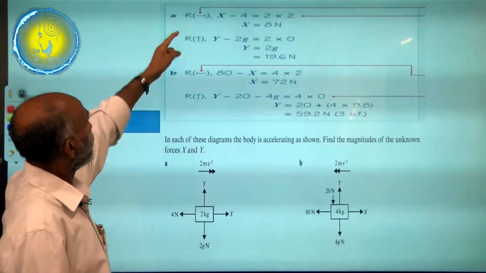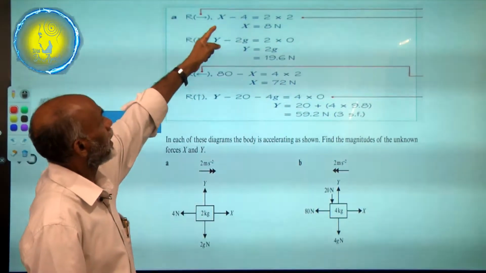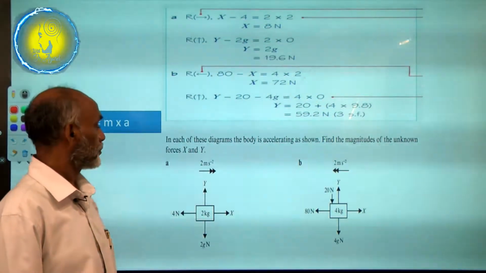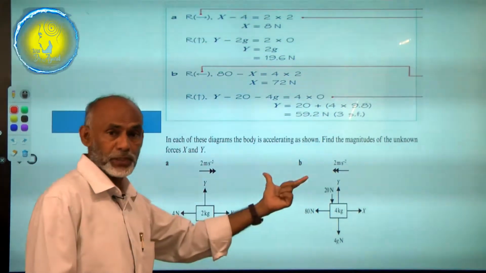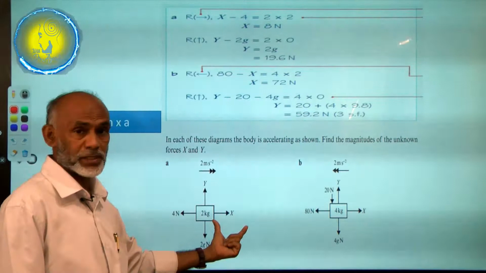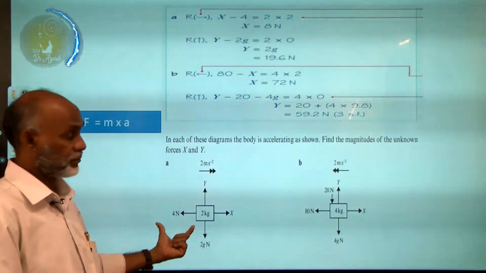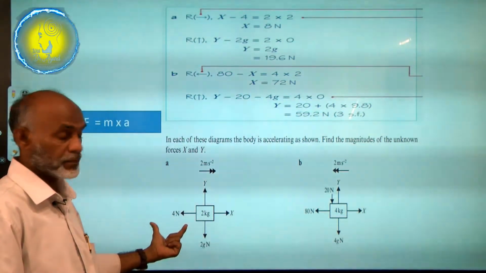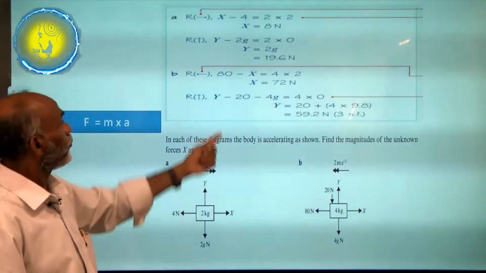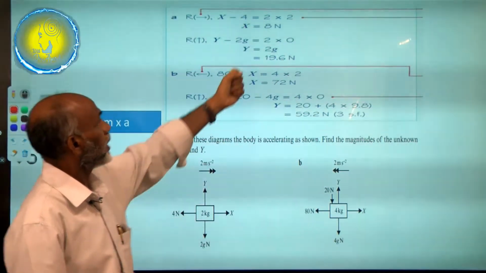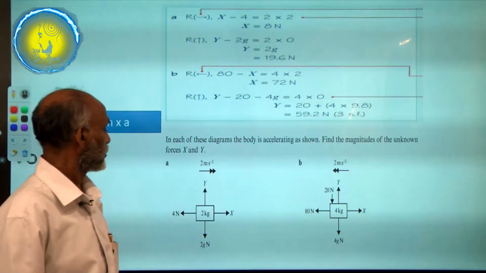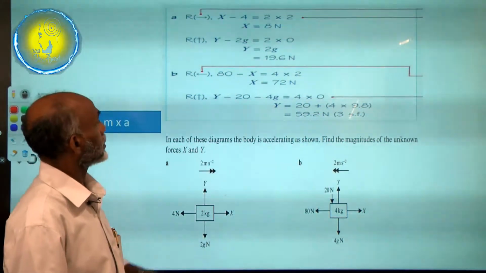Therefore, we show the right arrow here, x minus 4. X minus 4 in the sense that, if the particle is moving towards the right, the force x is greater than 4 Newtons. Therefore, we have to say x minus 4 equals mass into acceleration, 2 and the acceleration is 2.